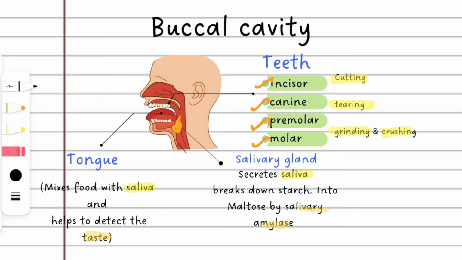Because otherwise the broken food will get stuck in our mouth when we swallow it. So we mix it with saliva and it forms a bolus. When broken food mixes with saliva, it forms a bolus. This bolus then gets swallowed into the next part of our alimentary canal.